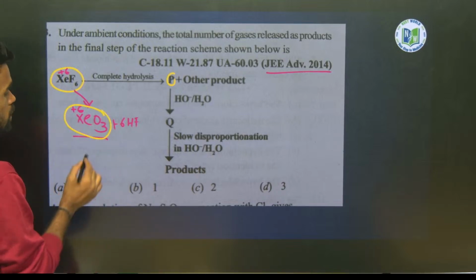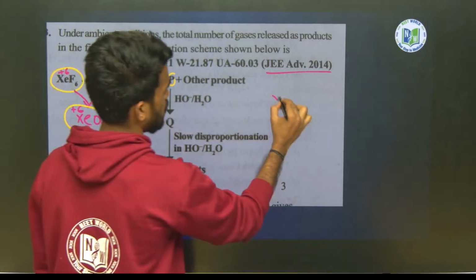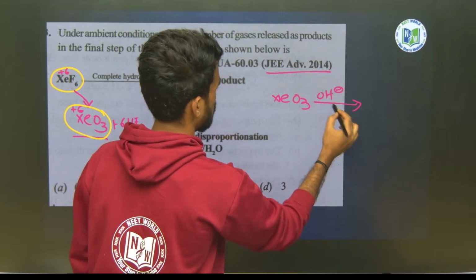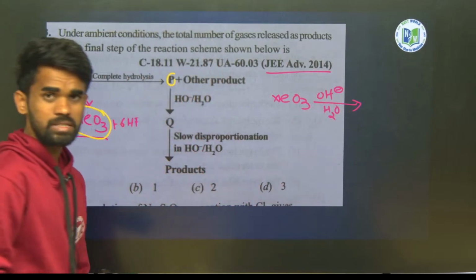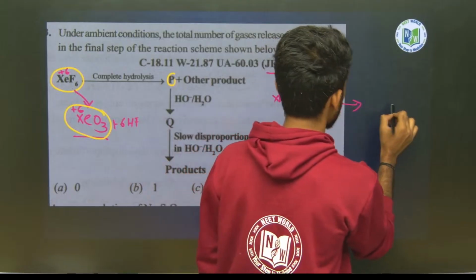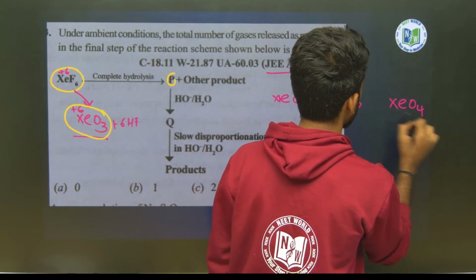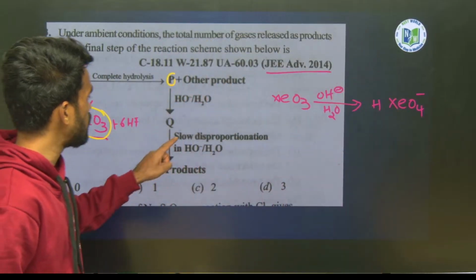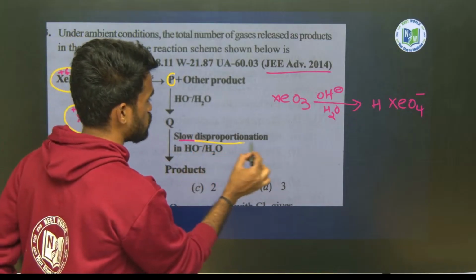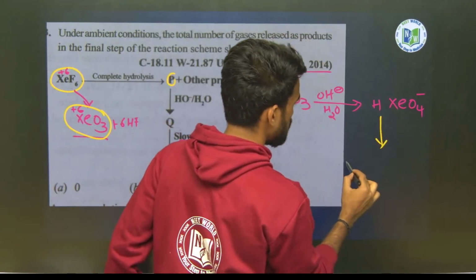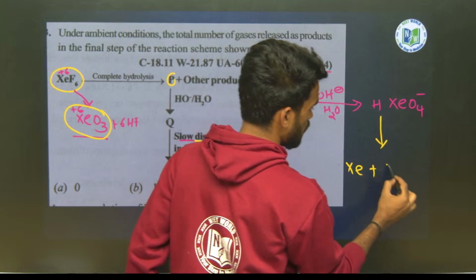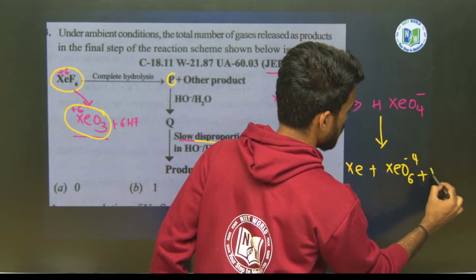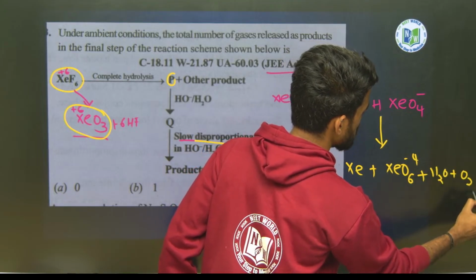This XeO3, upon treating with alkaline medium, the OH group will be added, giving us HXeO4 minus. This one slowly decomposes, undergoing disproportionation to form Xe as a product and XeO6 4 minus plus H2O, and O2 gas is also released during the process.